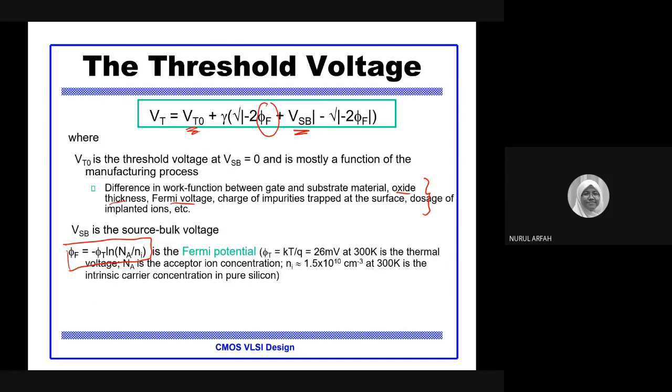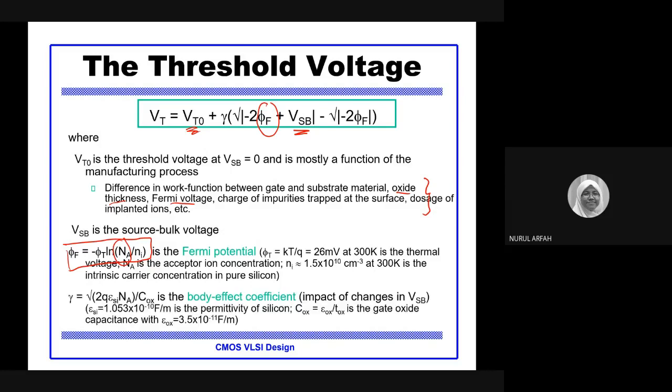NA here is the acceptor ion concentration, and Ni here at 300 Kelvin of temperature is 1.5 times 10 to the power of 10 per centimeter cubed. So the intrinsic carrier concentration, this is for pure silicon.